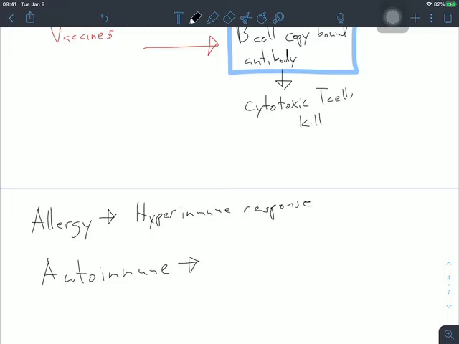And this is the case where you identify self as foreign. And autoimmune diseases are particularly scary, in my most humble opinion.